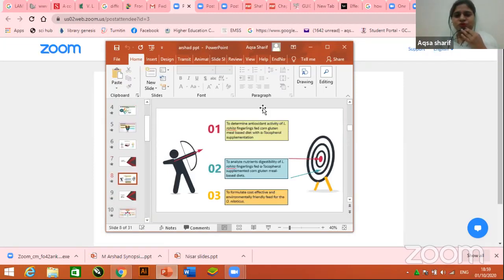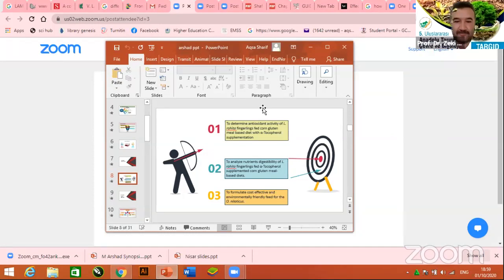And my research objectives, I have three objectives in my mind. For example, to improve the antioxidant status of Labeo rohita fingerlings, and the second objective was to analyze the nutrient digestibility of Labeo rohita by feeding them an alpha tocopherol supplemented diet.